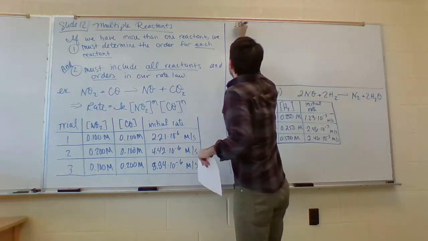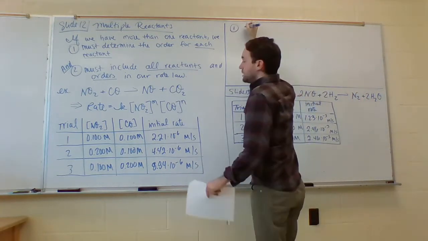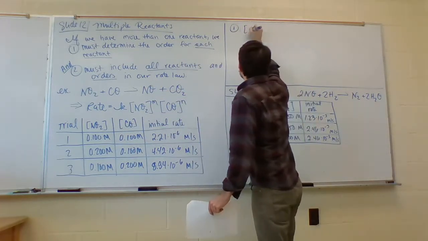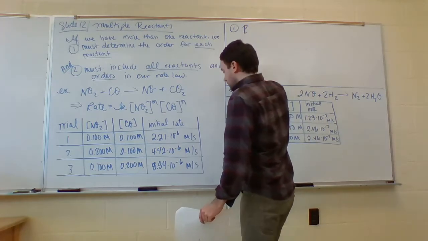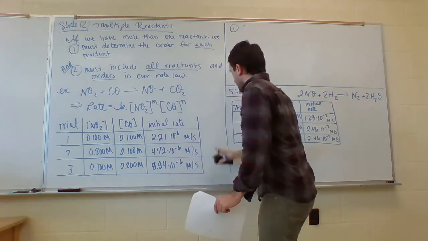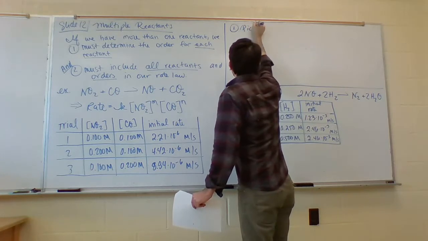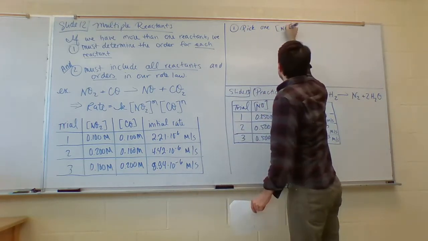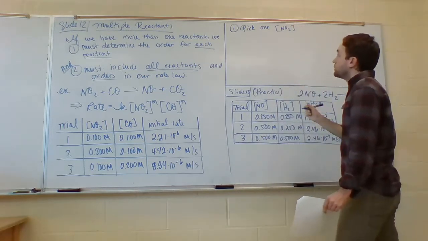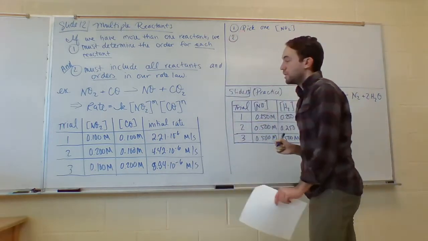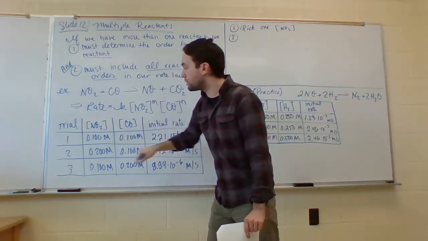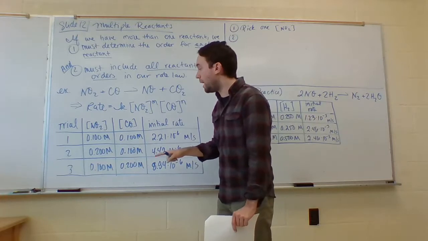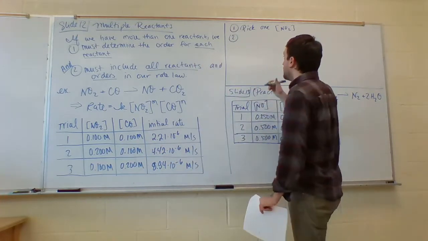So for example, first we're going to identify the species that we want. In this case, let's do our NO2 first. So I'm going to pick the NO2, and I've got my concentration of NO2. The very next step will be to find 2 rows in which the concentration of that species changes, but the other ones are held constant.